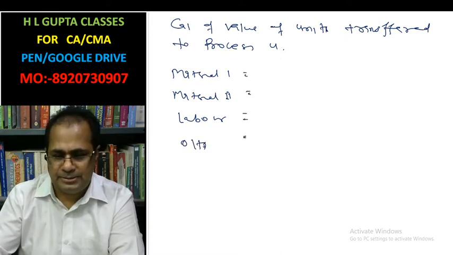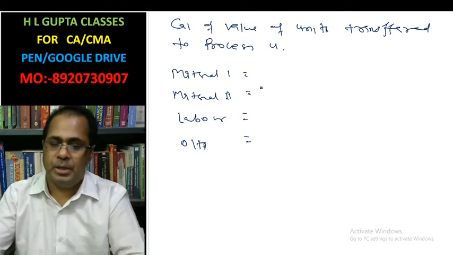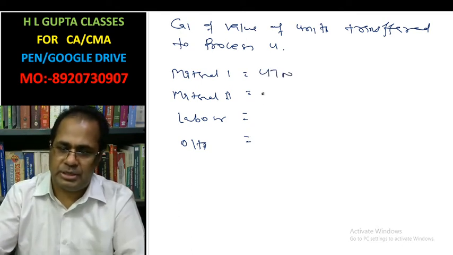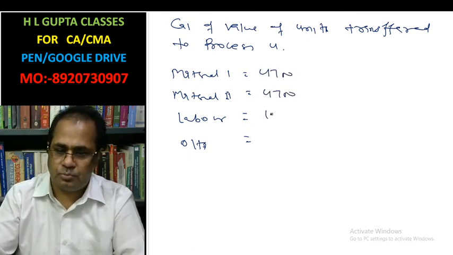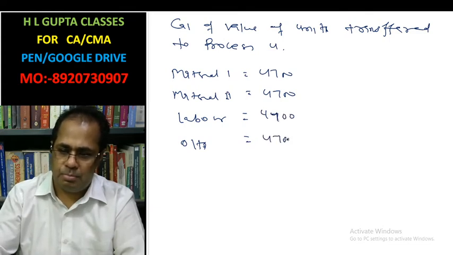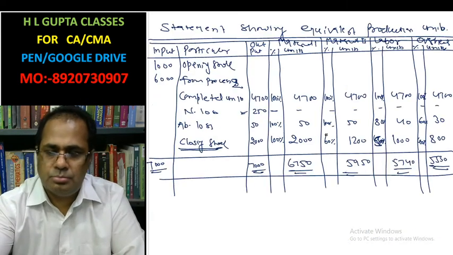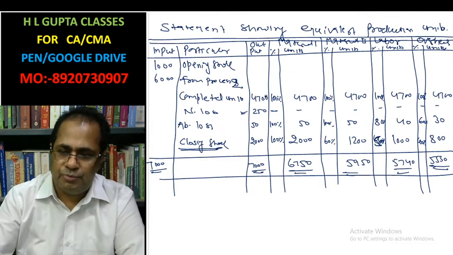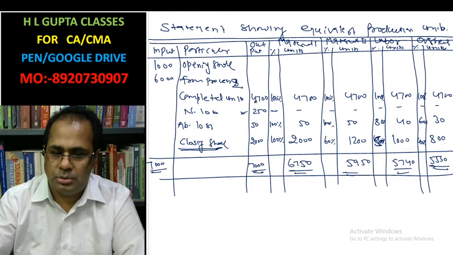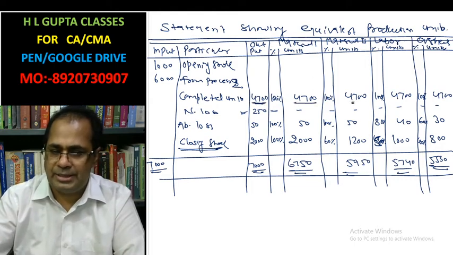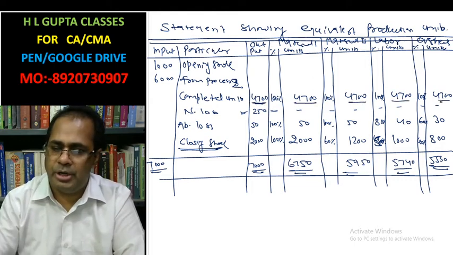In this case, it is 4700 units in each case, because 4700 units are transferred. Look at it, 4700 units transferred. Completed units 4700 in each case. Okay.